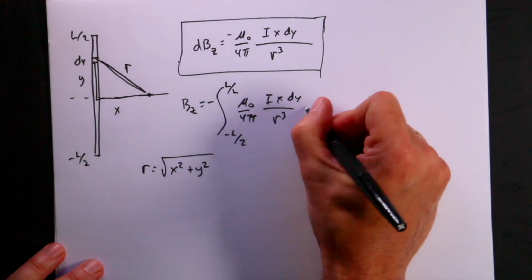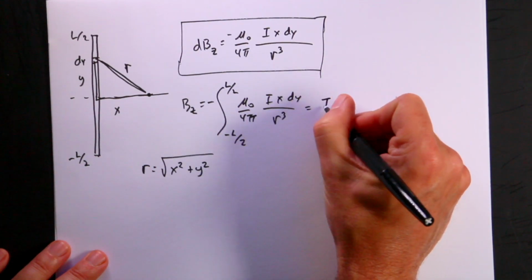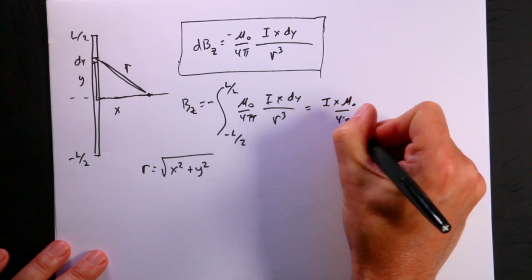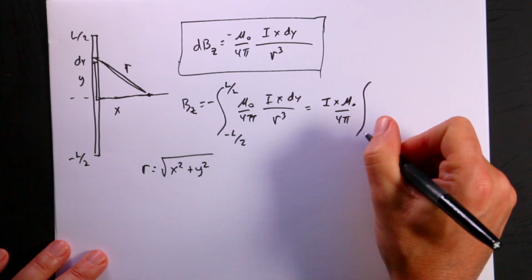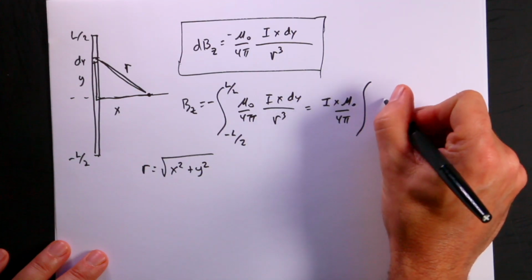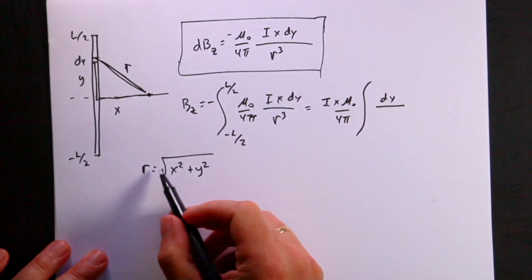I'm going to rewrite this, pulling this stuff out. So I have I x mu naught over 4 pi, the integral, I'll leave off the limits right now, of dy over this cubed.